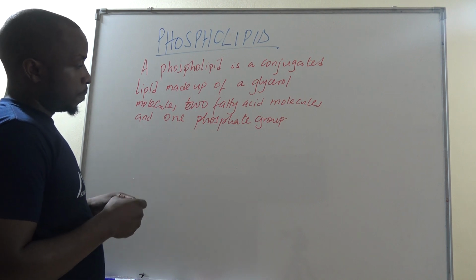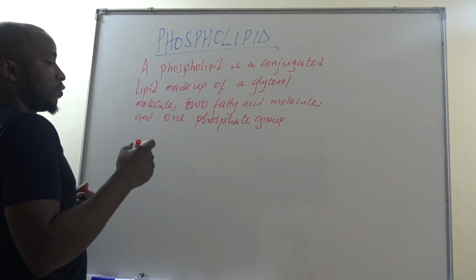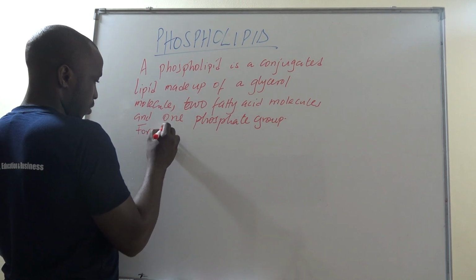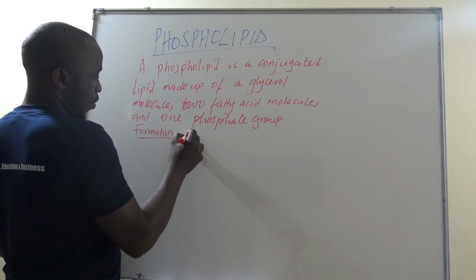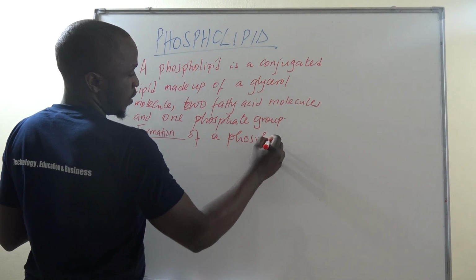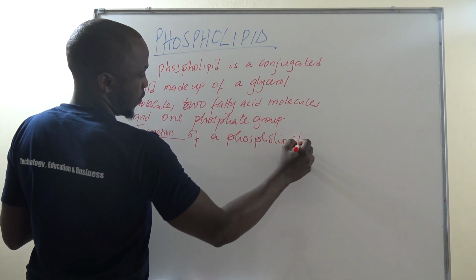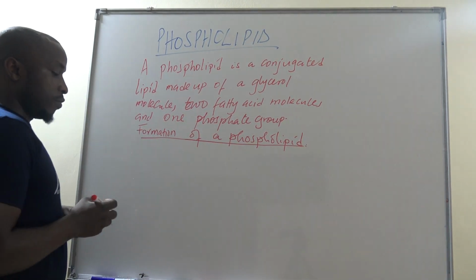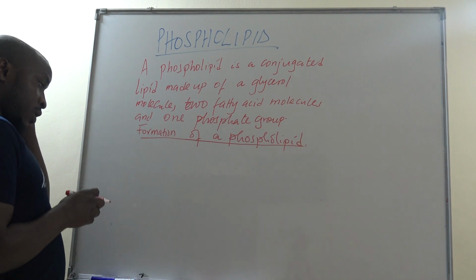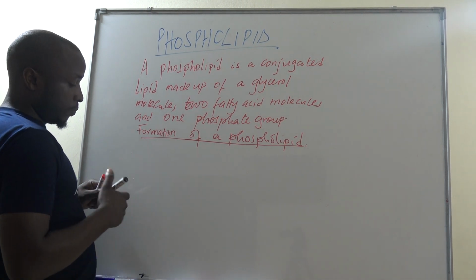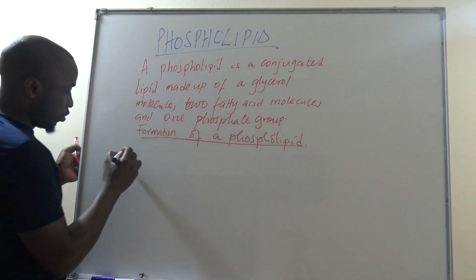We're going to see now how it is formed. Formation of a phospholipid. I've said it is made from a glycerol molecule.